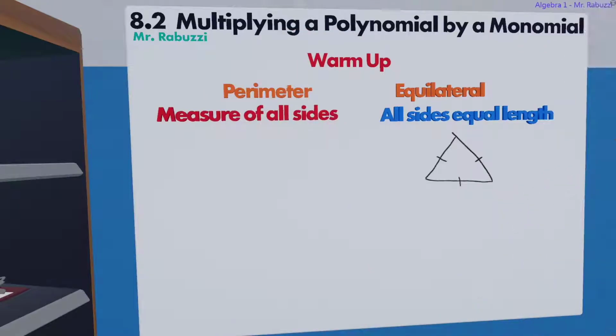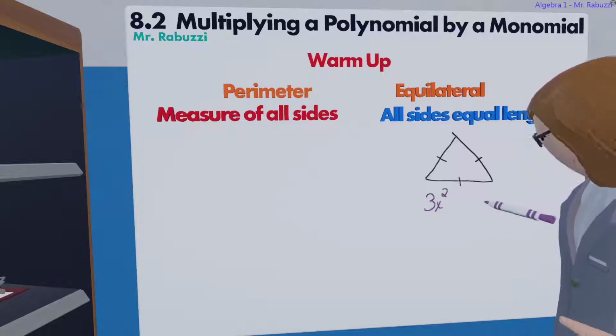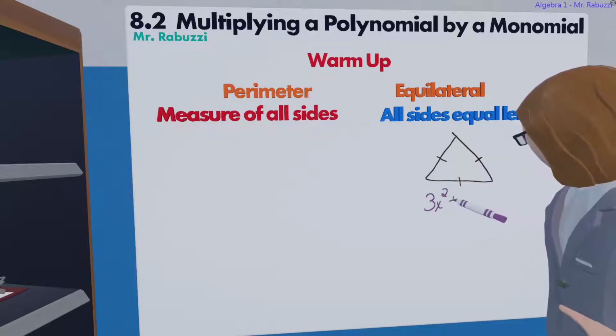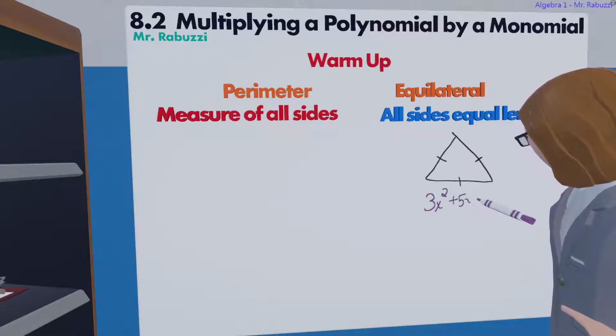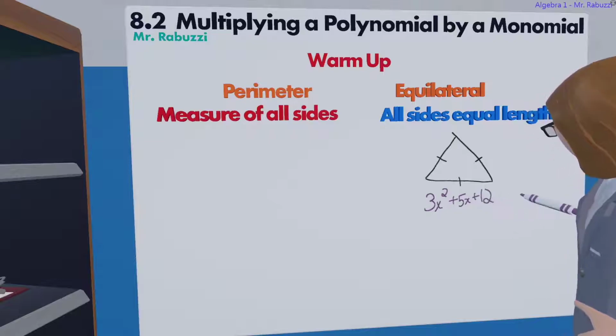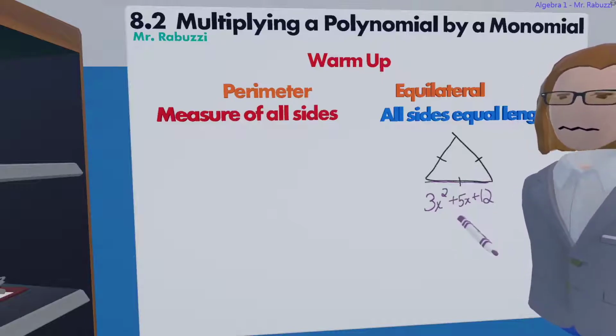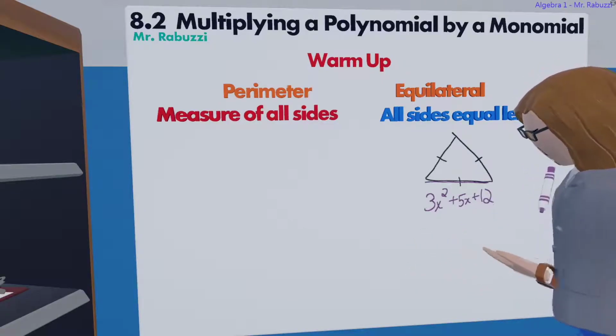Okay, so this is what it looks like on our warm-up. The first question on the warm-up has a triangle just like this. And they tell us that the side on the bottom is 3x squared plus 5x plus 12 long. So that's how long that side is. It's a complicated polynomial number, but it still is okay for what we need to do.